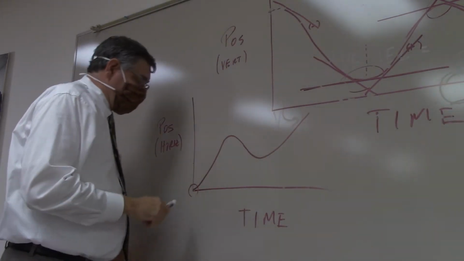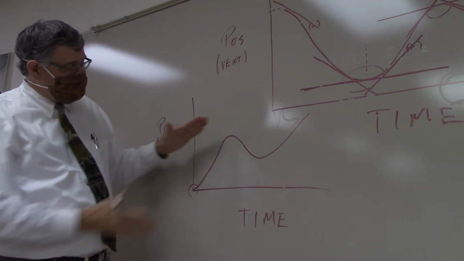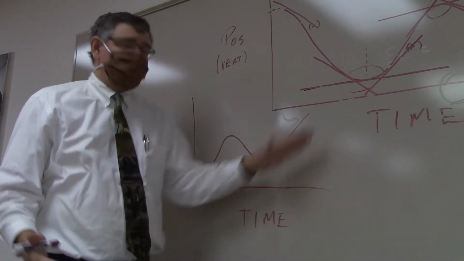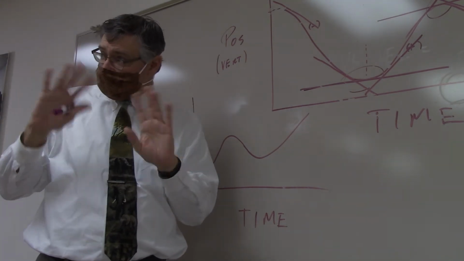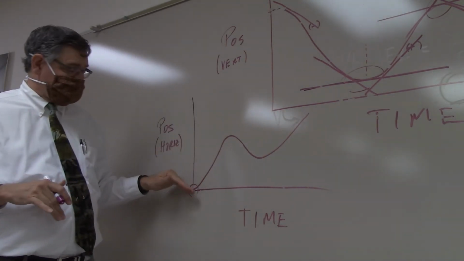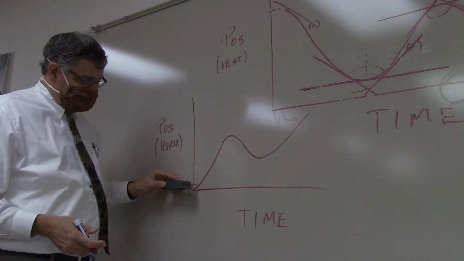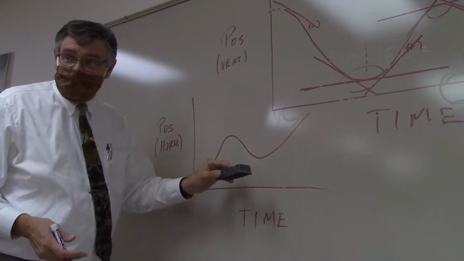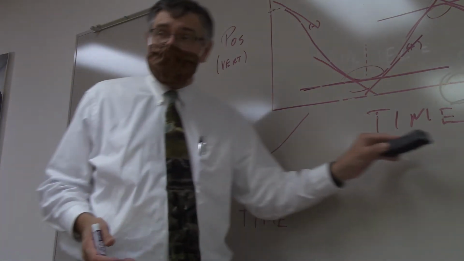With this one, don't look at this graph and go, oh, it's going straight, and then it turns right, and then it turns left again. I can't tell left, right, up, down. The only thing I can tell is that, let's say here's the car, it's going away from the reference point, it goes back towards the reference point a little bit, and then it goes away again.